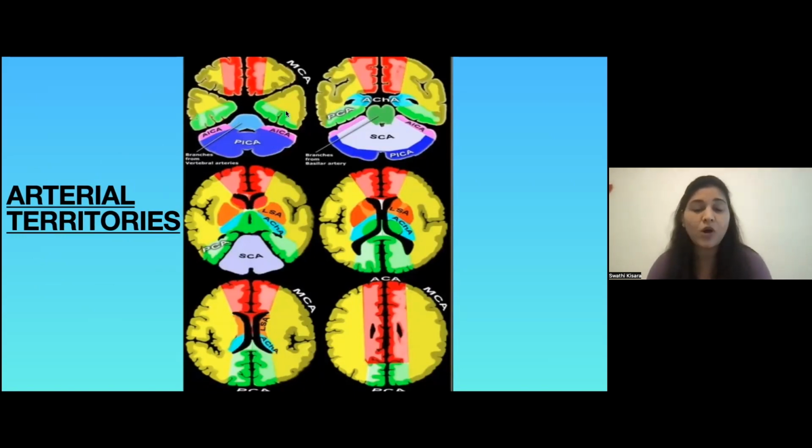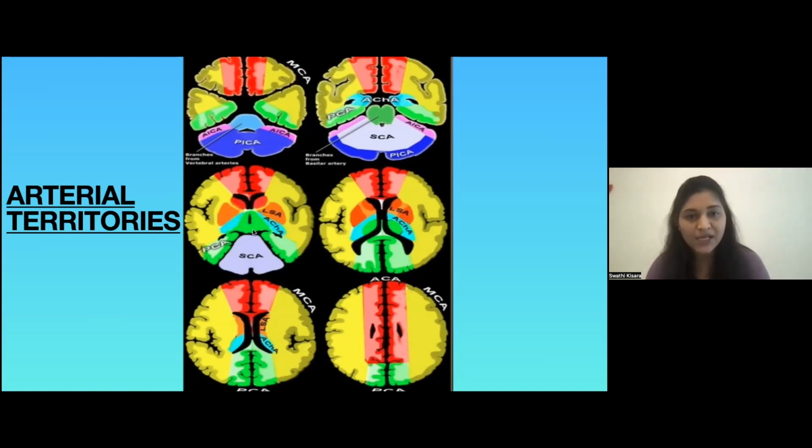The parts in yellow are supplied by the MCA, the middle cerebral artery, and the lenticulostriate branches, which are also branches of the middle cerebral artery, supply the lateral portions of the basal ganglia.